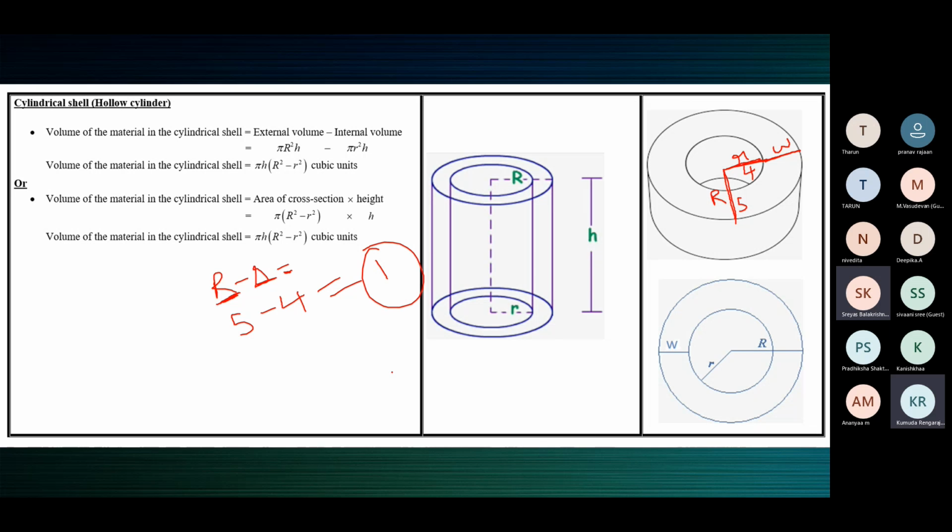The total area of the ring, ma'am, the circular ring. No. The area of the ring, which is the bigger ring minus the smaller ring, ma'am.